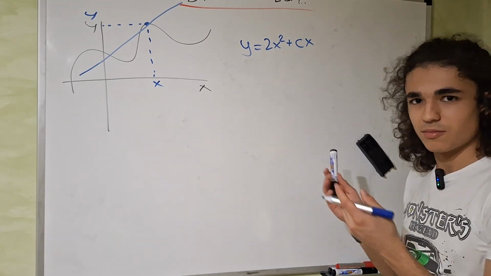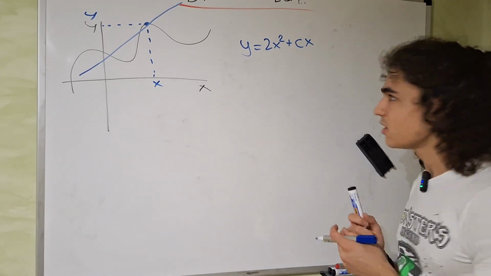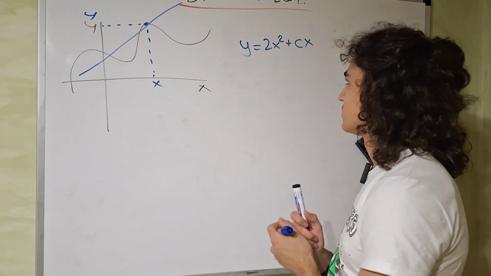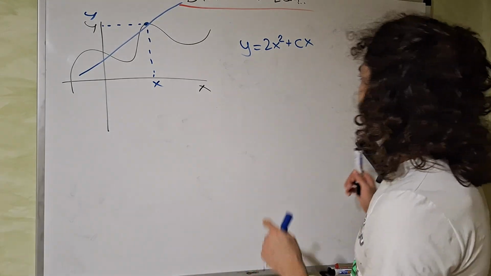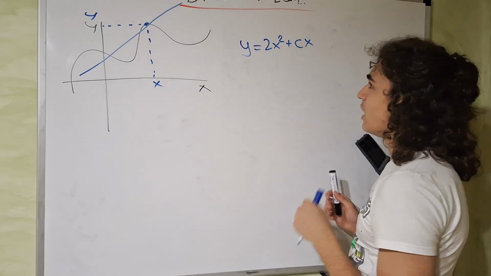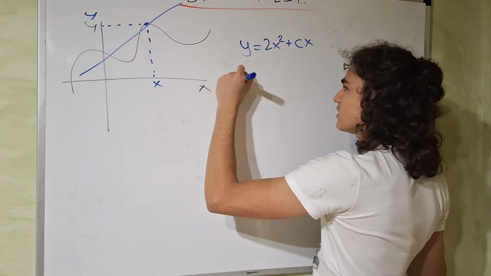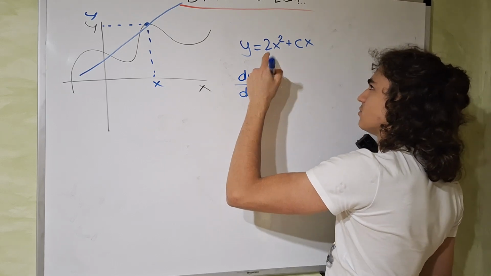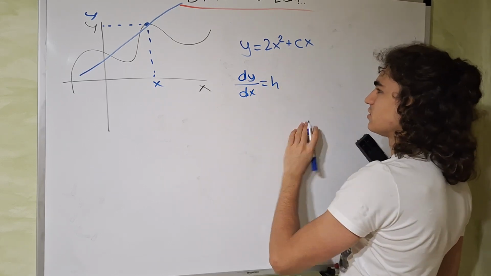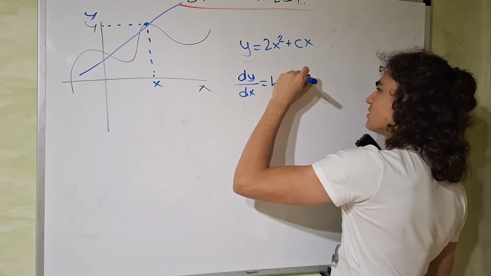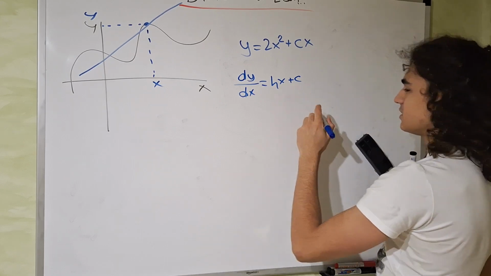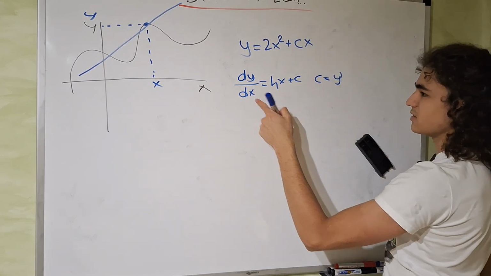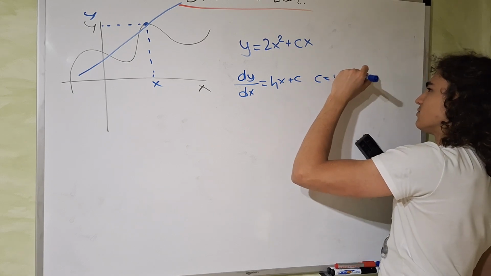Now you may say, we already have the function. Yes, of course, but we can generate differential equations by removing constants. What I mean by that is we want to get rid of this c. How can we do it? Well, let's take the derivative of the function with respect to x. We have 2 times 2 is 4, 4x plus c. Now we can isolate c, so c equals y prime, that is dy by dx, minus 4x.